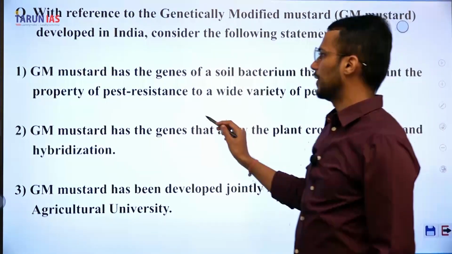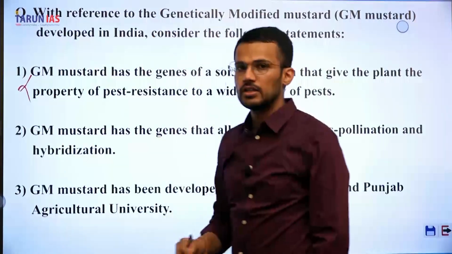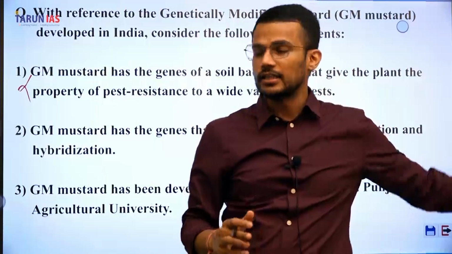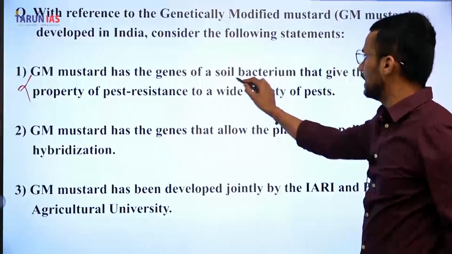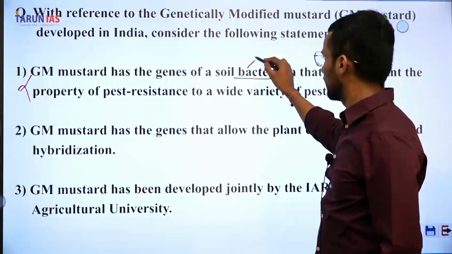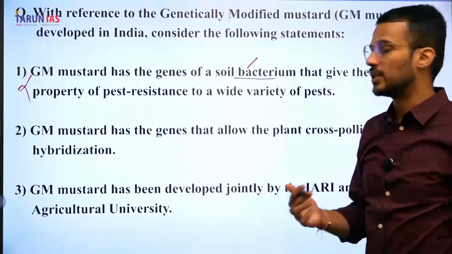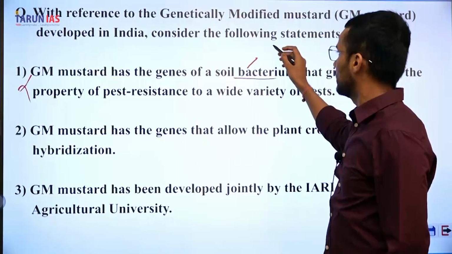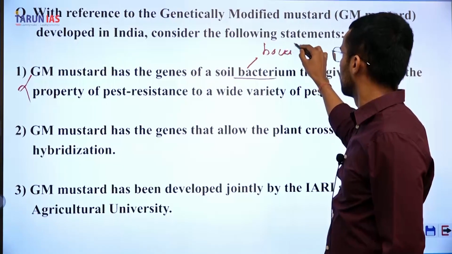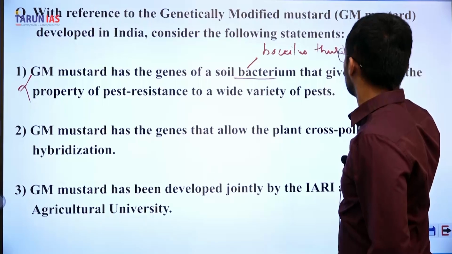So the first statement is incorrect. Why? Because GM mustard does not contain any gene from a soil bacterium. The soil bacterium generally used to produce genetically modified varieties of crops is Bacillus thuringiensis.